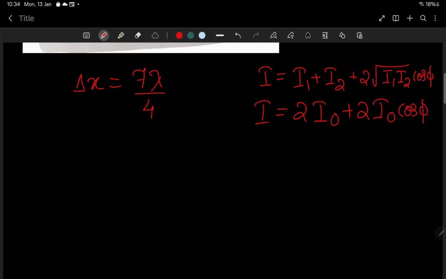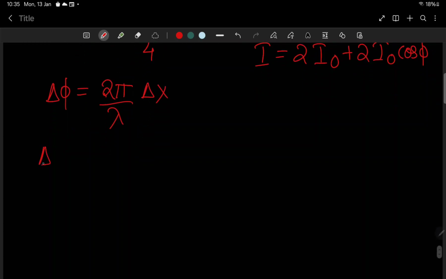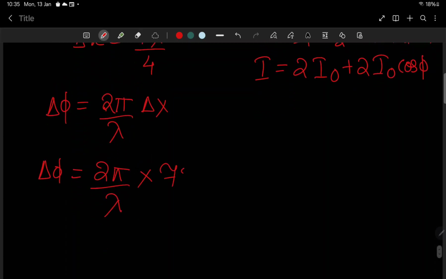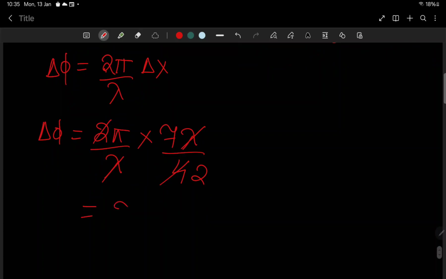If we can find the phase difference, we will get the ratio. You know one formula: phase difference is equal to 2 pi by lambda into path difference. So applying the formula, 2 pi by lambda into 7 lambda by 4, lambda cancels, giving 7 pi by 2 as the phase difference.